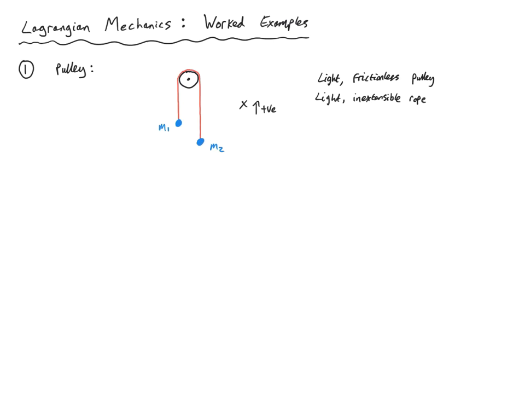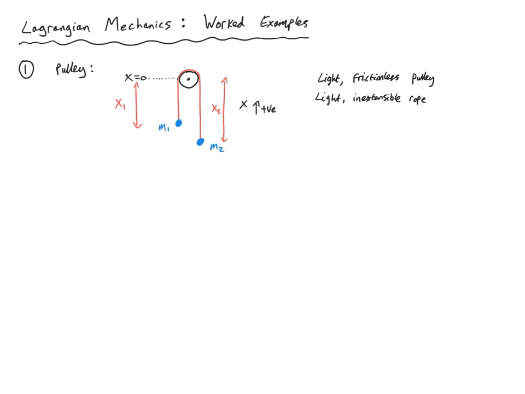Let's also set the center of the pulley here as our x equals 0. So we can label on this diagram a distance from x equals 0 for mass number 1. Let's call that distance x1. And we can draw on the distance of mass number 2 from the origin as x2.